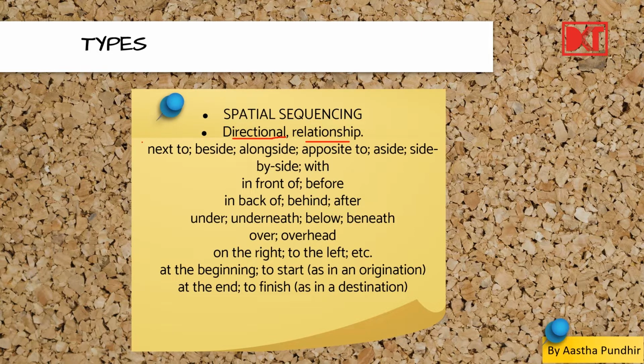Here are examples of words which we use to connect them, like next to, beside, alongside, opposite to, aside, side by side, with, in front of, before, in back of, behind, after, under something, underneath something, below something, beneath something, over, overhead, on the right or on the left, at the beginning or at the start when we talk about a certain origin, then at the end or to finish, when we talk about a certain destination.